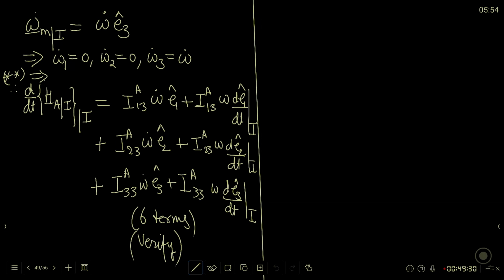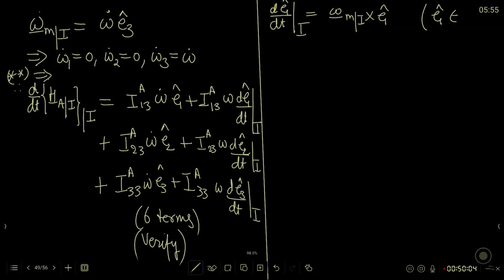Further, dE1 dt with respect to I will be omega mi crossed with E1. E1 is fixed to m. Omega mi is simply omega times E3. This becomes 3 cross 1, omega times E2.